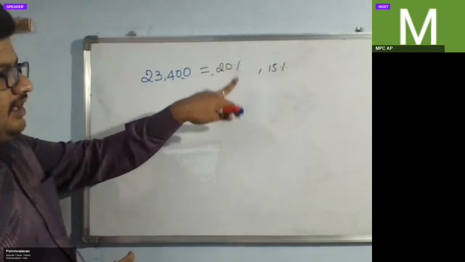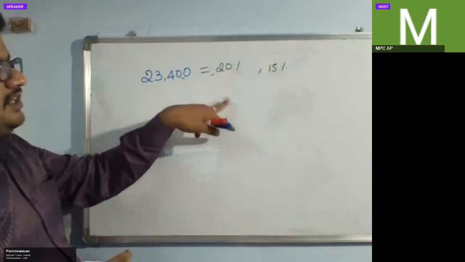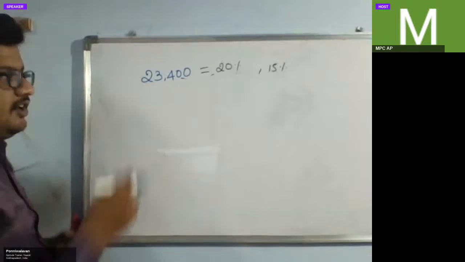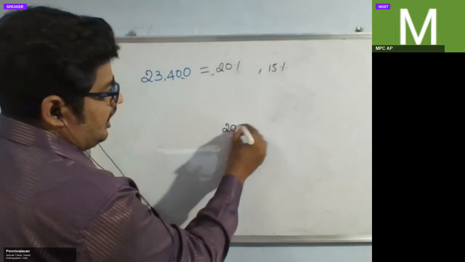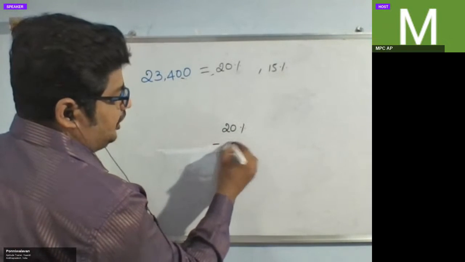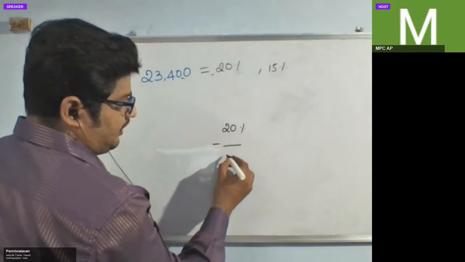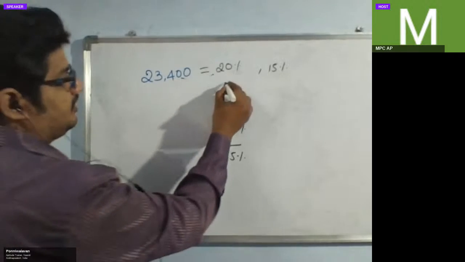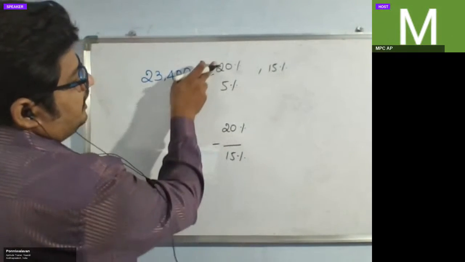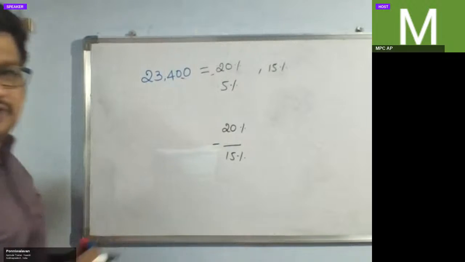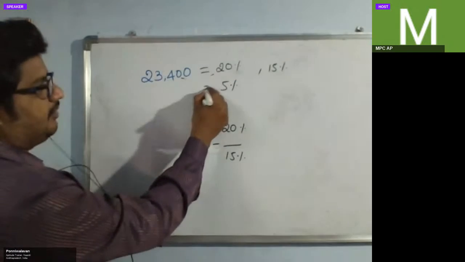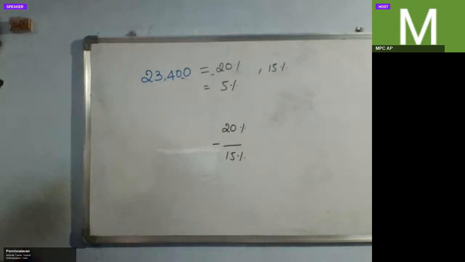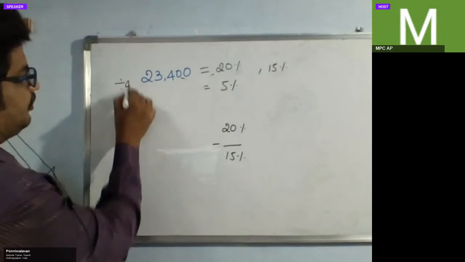From 20, how many percentage do you need to subtract to get 15%? 5%. Dividing 20 by which number will you get 5? 4. Divide this value by 4.